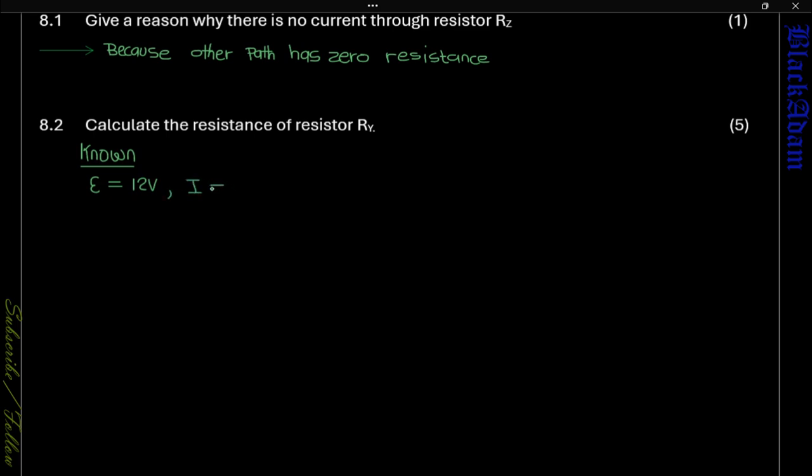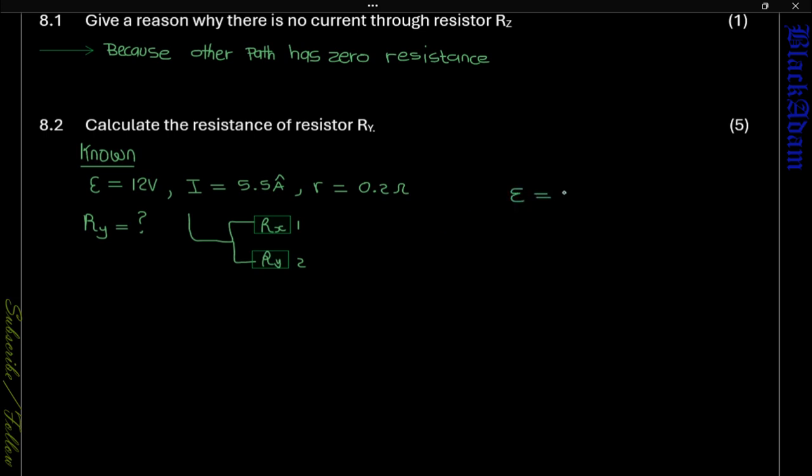E is 12 volts, the current given is 5.5 amperes, and the internal resistor is 0.2 ohm.